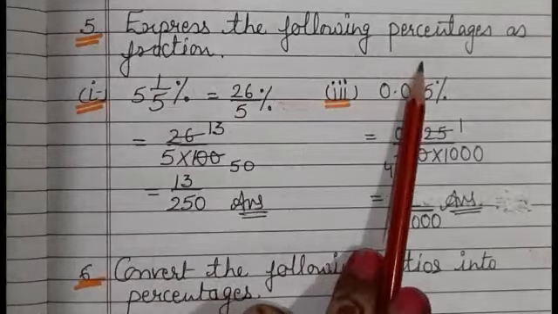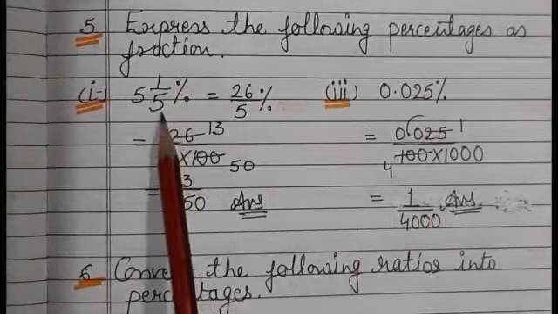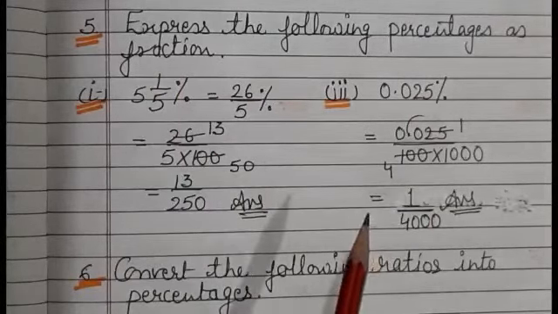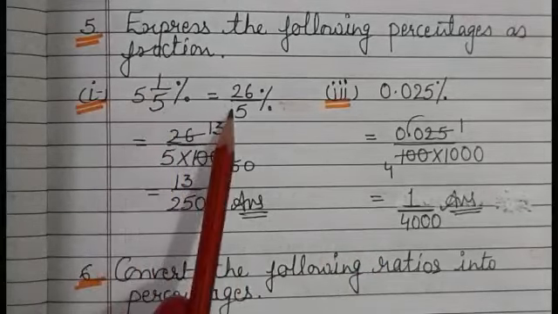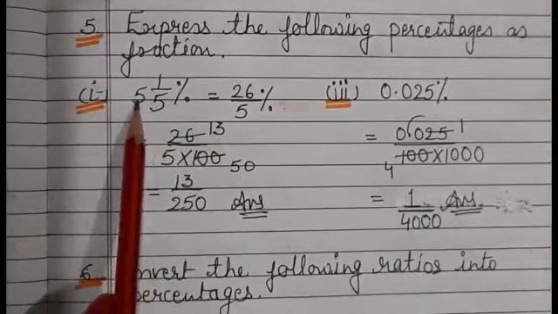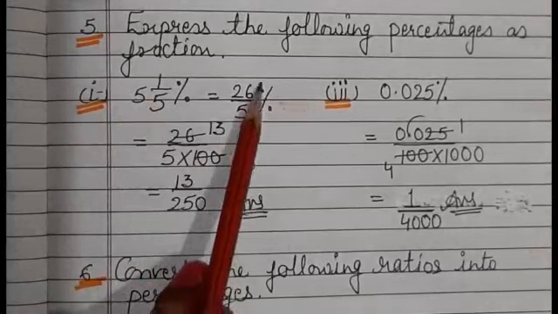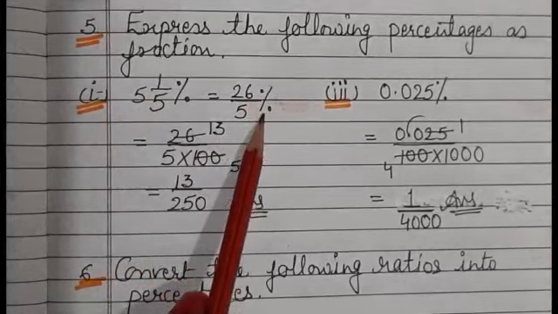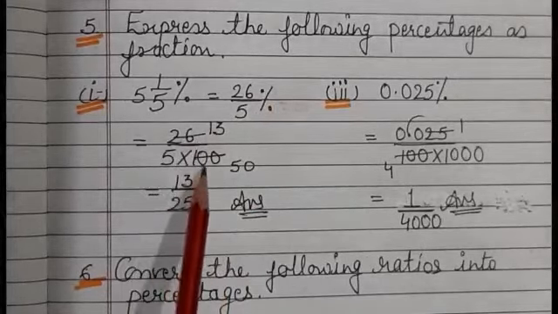Now sum number 5. Express the following percentages as fractions. Now we have to convert percent into fraction. So first we will convert this mixed fraction into a simple fraction, into an improper fraction. 5 5s are 25, 25 plus 1, 26 by 5%. Then we will remove this percent sign. To remove this percent sign, we have to divide it by 100.